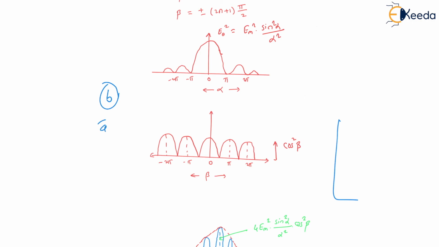And if we increase a, the interference maxima within this central maxima will decrease. So remember all these points, when we increase the number of slits, or small a or small b or lambda. Lambda is nothing but the wavelength. And when we increase a, the central pattern will become sharper.